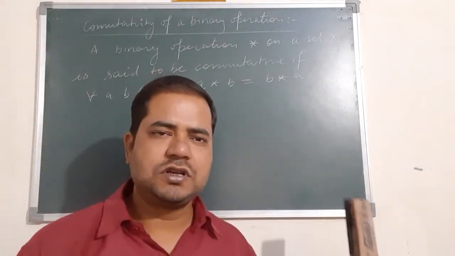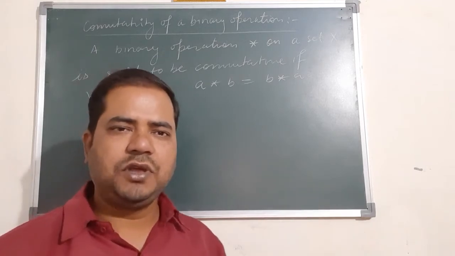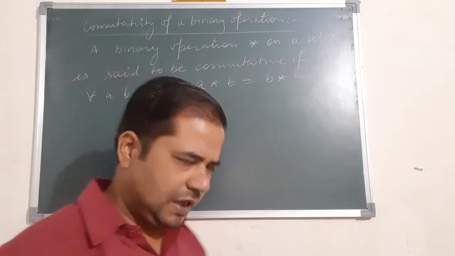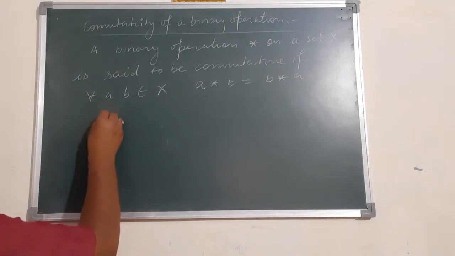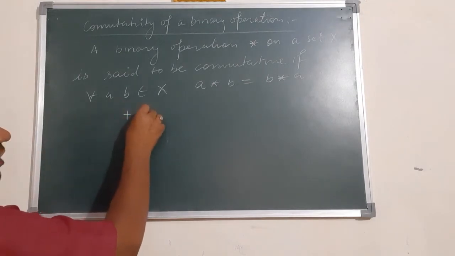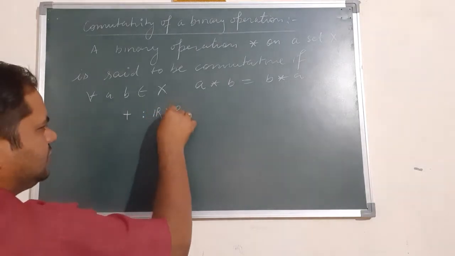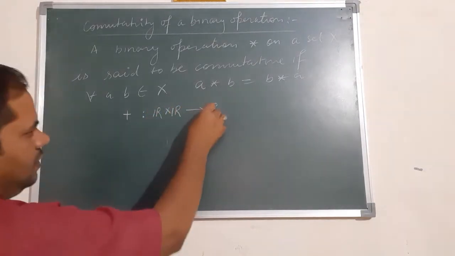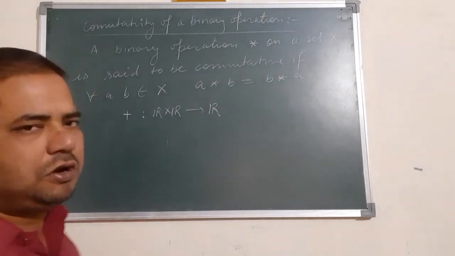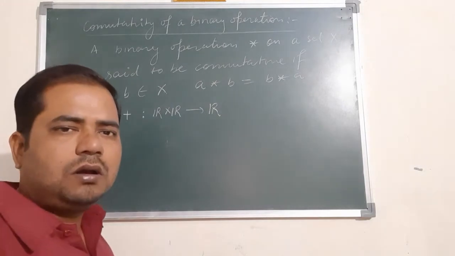Any binary operation which is commutative must have A star B equal to B star A. Now consider two binary operations. Suppose plus is a binary operation from R cross R to R, that means plus is a binary operation on the set of real numbers. Is it commutative or not?